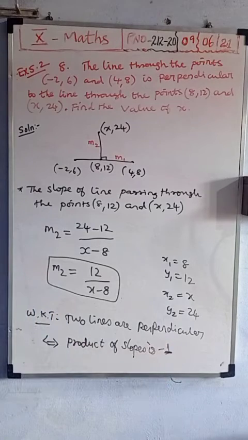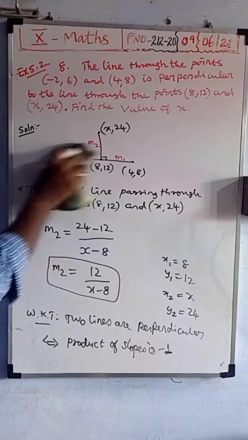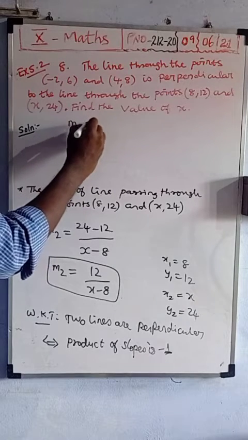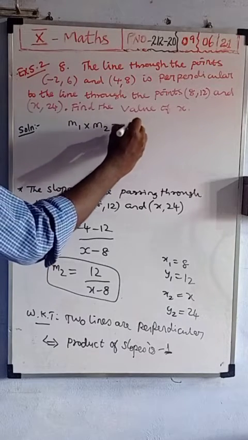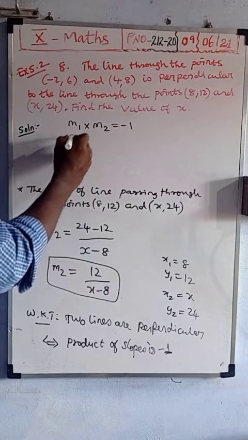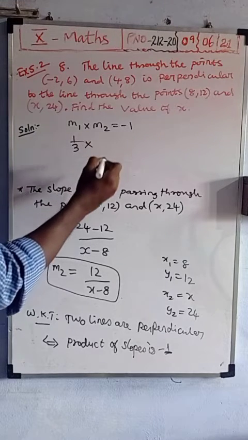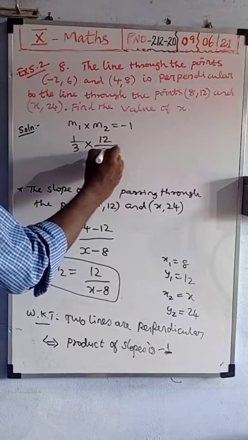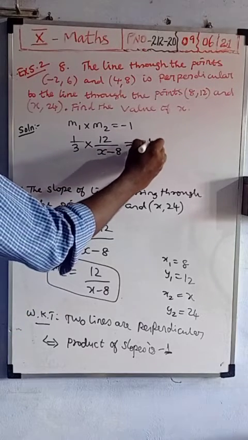Therefore m1 times m2 is equal to -1. The m1 value we received is 1 by 3, and the m2 value we received is 12 by x minus 8. So 1 by 3 times 12 by x minus 8 is equal to -1.